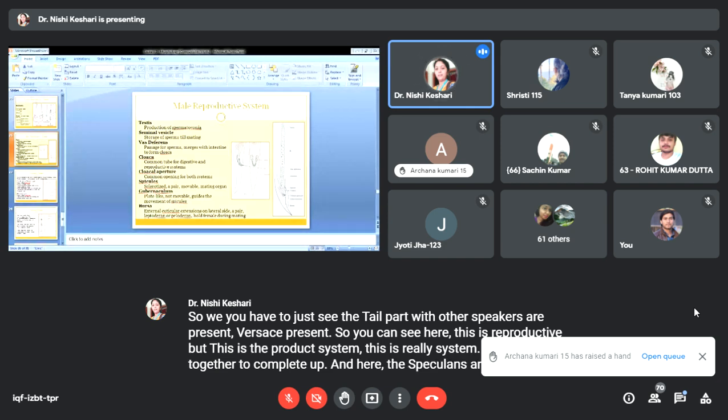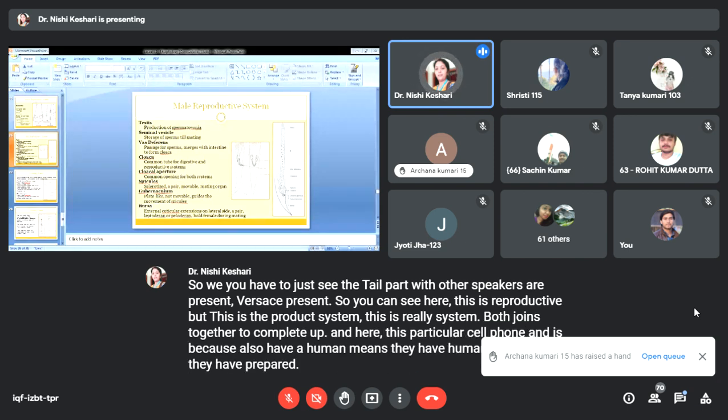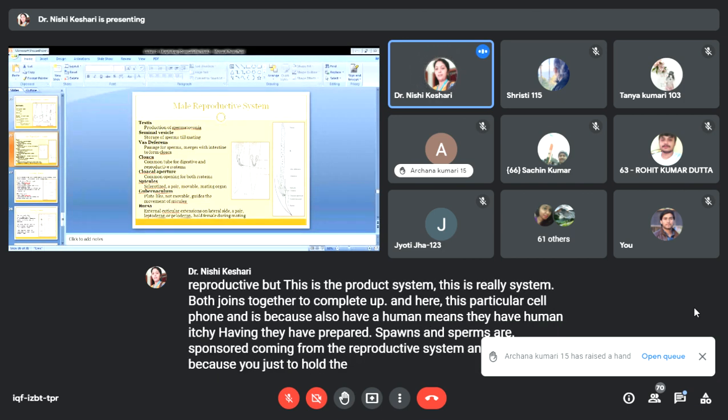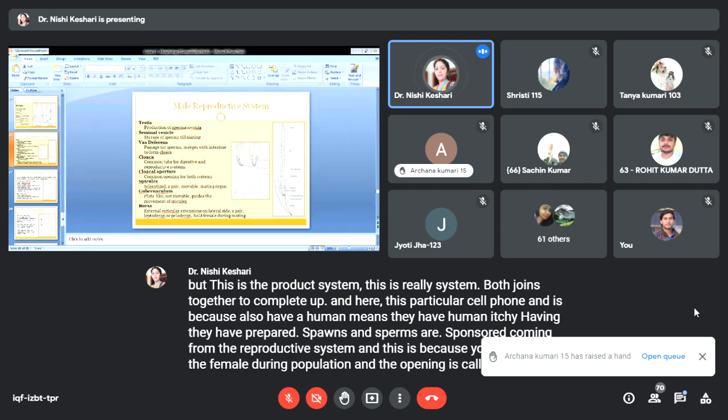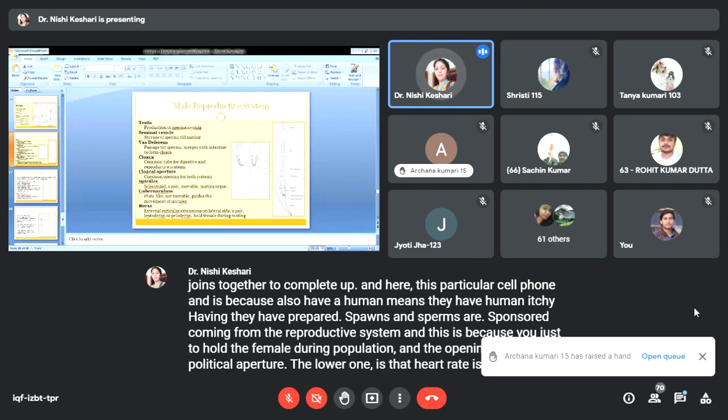The spicules have a hollow lumen, through which sperms coming from the reproductive system pass, and the spicules are just to hold the female during copulation. The opening is called the cloacal aperture. The lower plate is the gubernaculum, and this is the bursa.